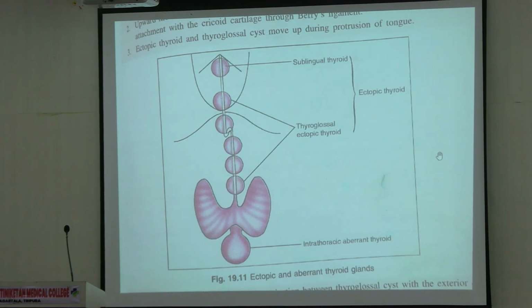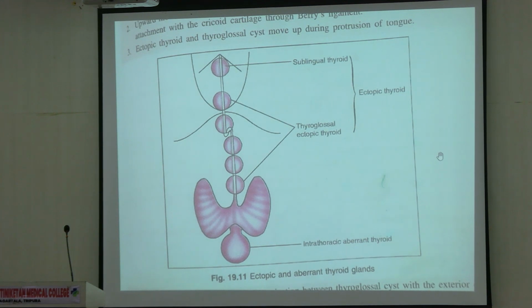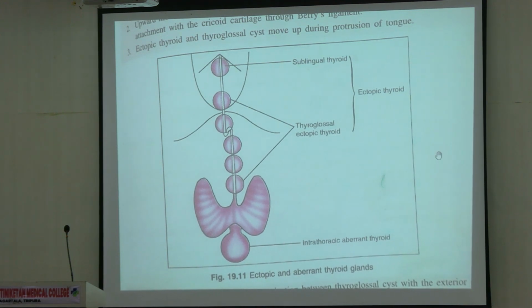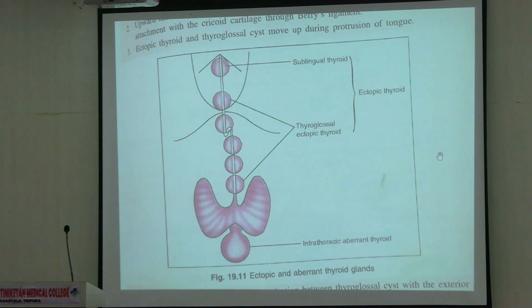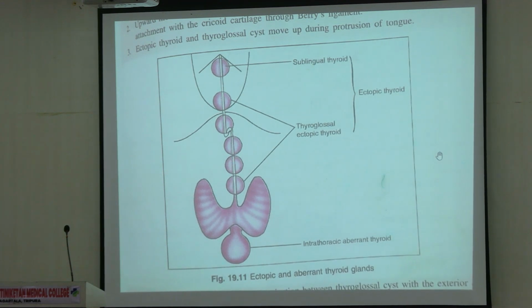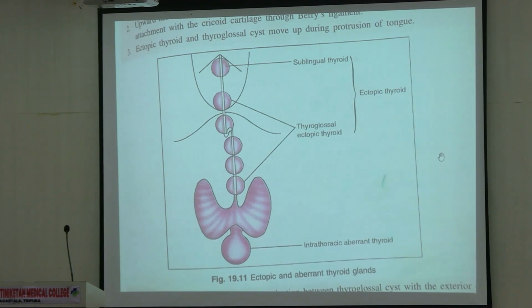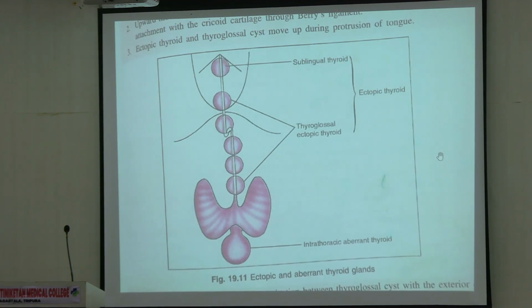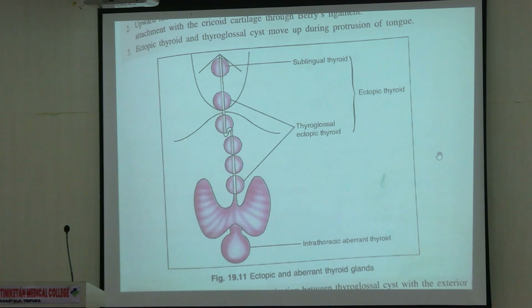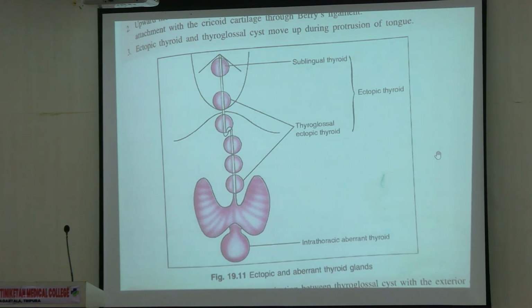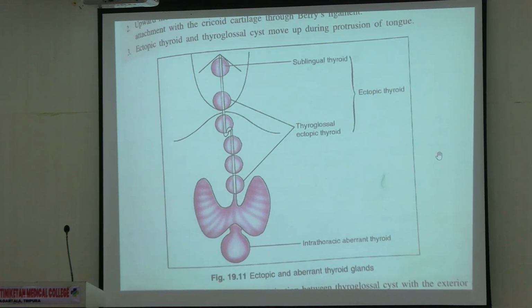So if a cyst is attached to the tongue, what will happen if you protrude your tongue? It will also move with the protrusion of your tongue. If a swelling moves upwards with protrusion of the tongue, it goes in favor of thyroglossal cyst. And if it is a lymph node, it will not move.